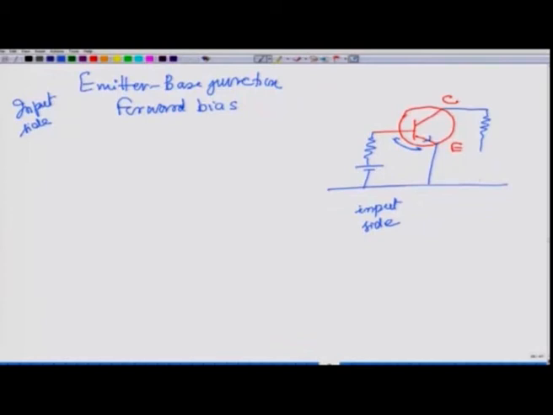The other end of the battery will of course be connected here. We have only these three contacts. We have contact at the emitter, we have contact at the base here, and we have contact here at C, the collector, and the emitter is common on the two sides, input side and output side.